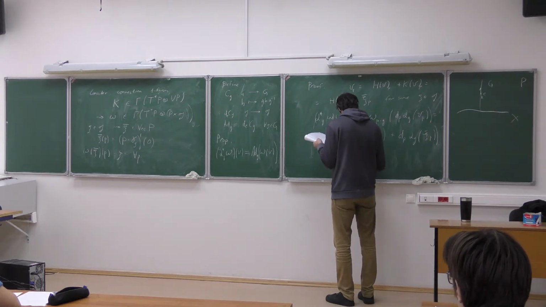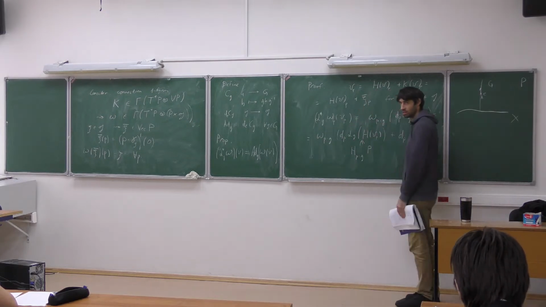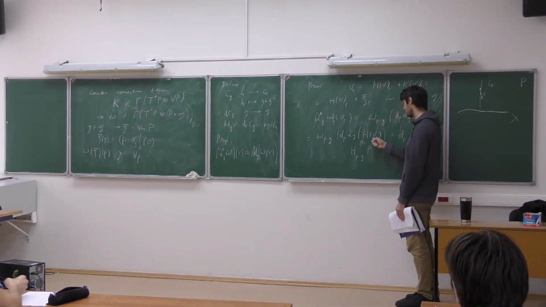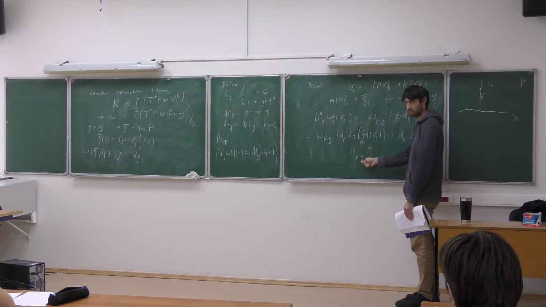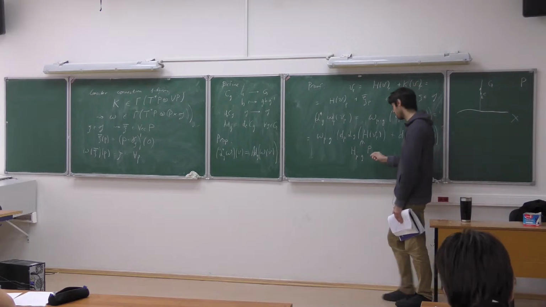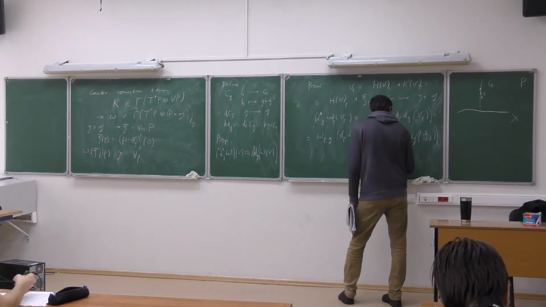So this was an HP of P. The action of d alpha moves it to here, because our connection is principal.